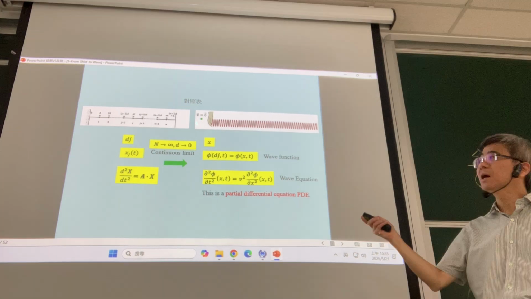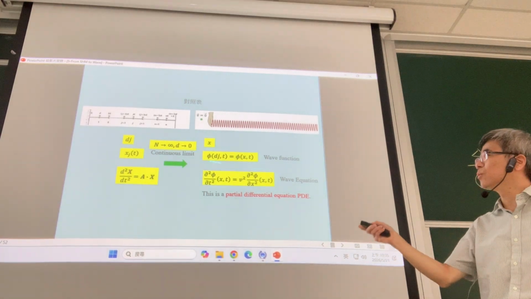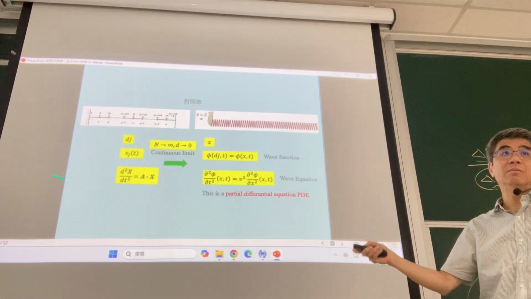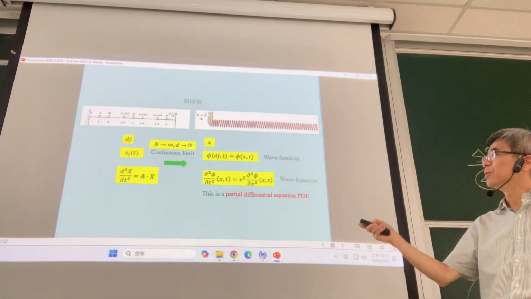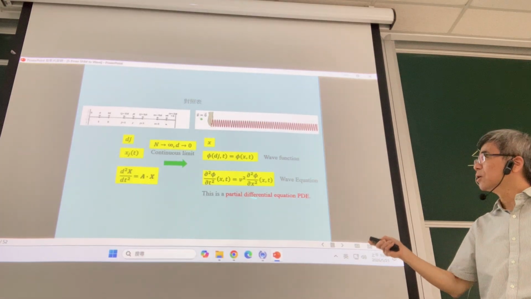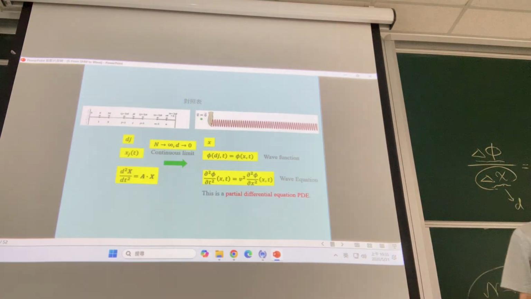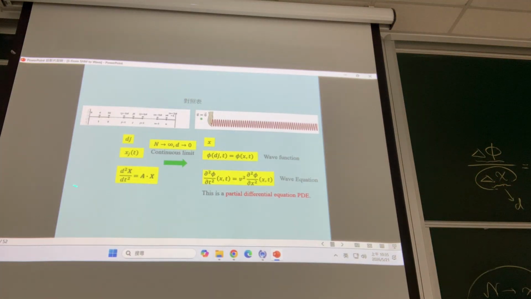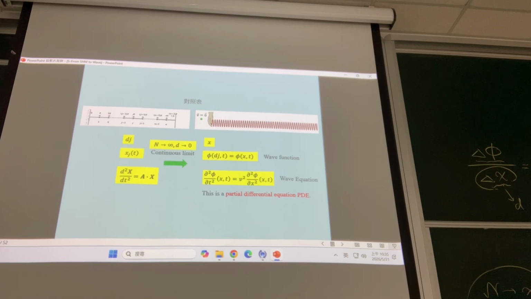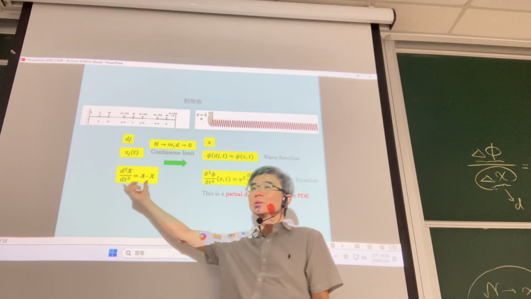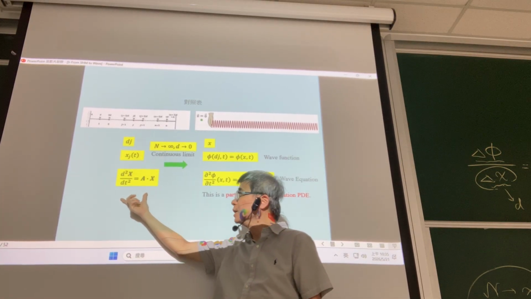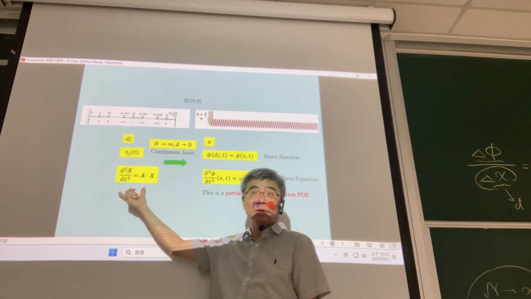Therefore, in this comparison table, I can add one more entry. On the discrete side, we have the matrix form of equation of motion. It corresponds, after taking the continuous limit, to the wave equation. Okay, so from here, we finally move from oscillator to wave. And this original equation of motion is the ordinary differential equation, or I should put it more precisely, a system of ordinary differential equations.